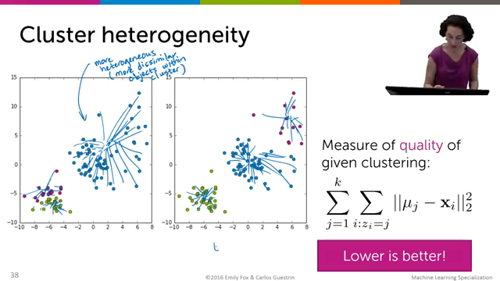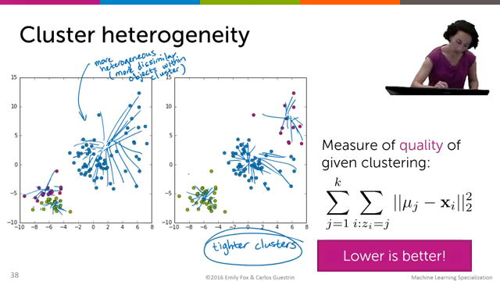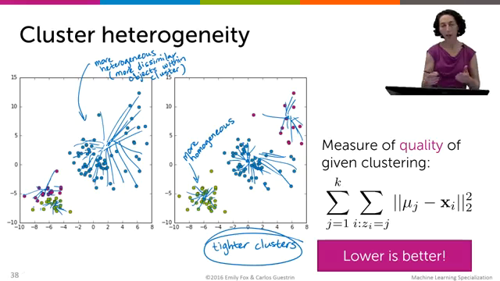Whereas here, we end up with tighter clusters, where things are more homogeneous. So we're going to refer to this metric as cluster heterogeneity.